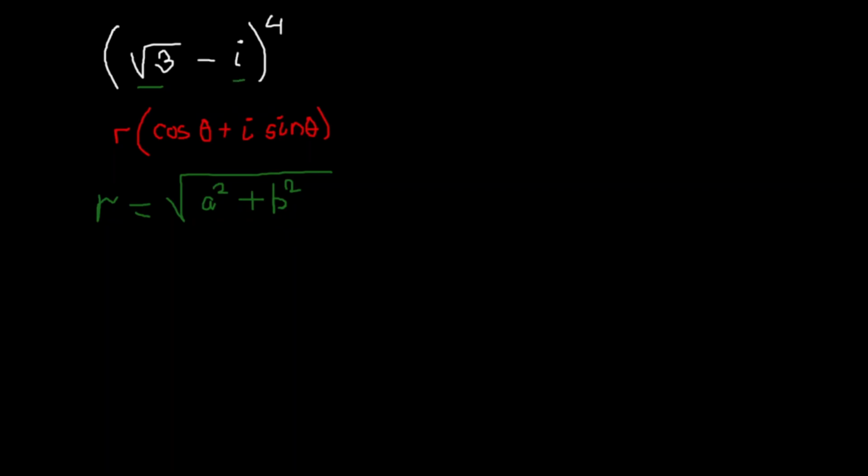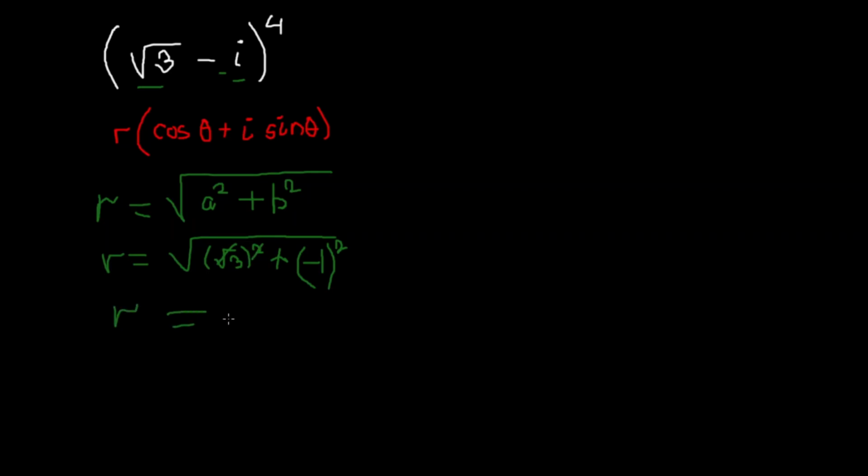So this equals radical 3 squared plus negative 1 squared, because we know there's an imaginary 1 here. We know the square root and the square cancel out.